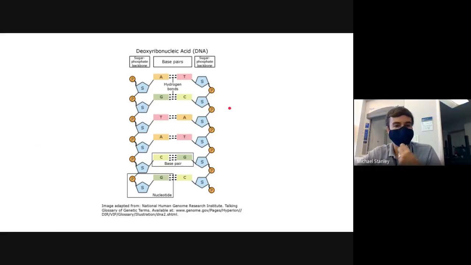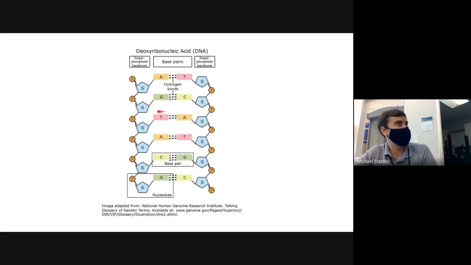Yeah, exactly. So look at our little bases here. So the first one, we have an A that's connected to a T. And the second one, we have a G that's connected to a C. Okay, so A and T, G and C. Third one, we have a T that's connected to an A. And then an A that's connected to a T. Okay, so T and A seem to be really going together. And then C that's connected to a G, and a G that's connected to a C.